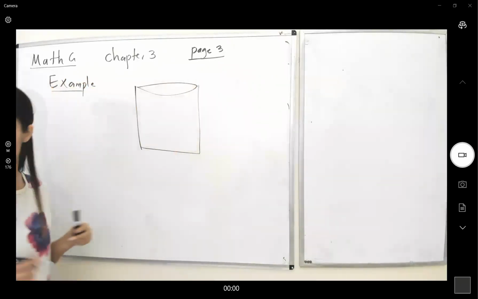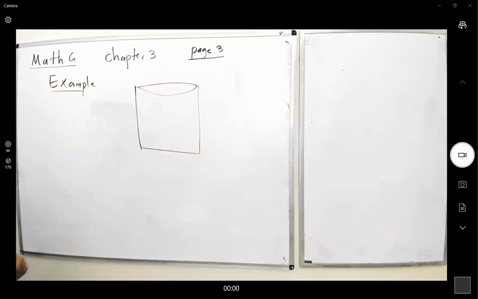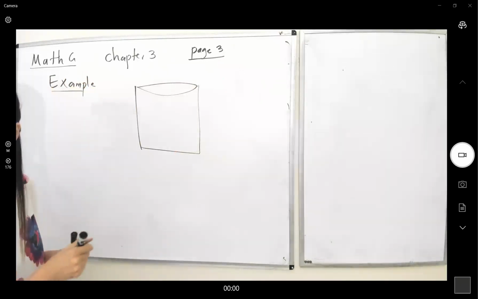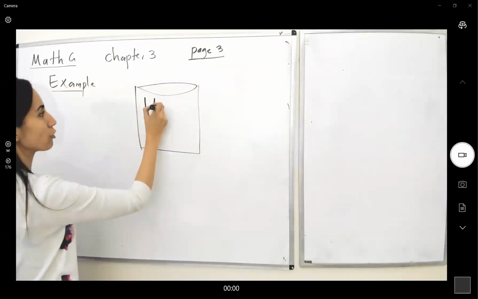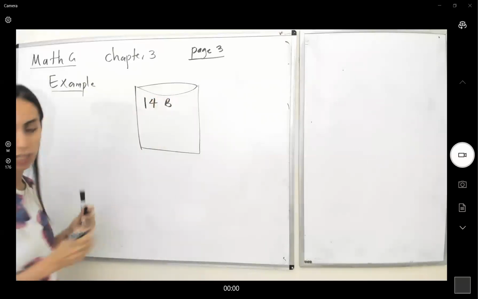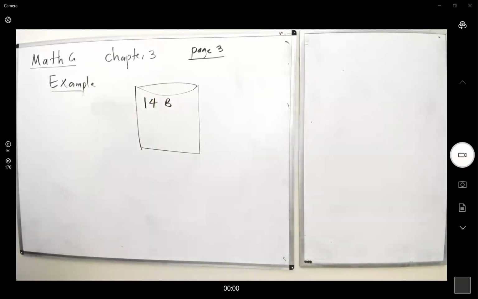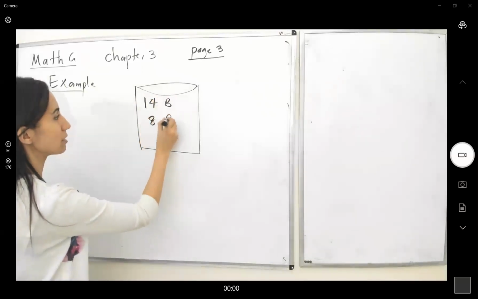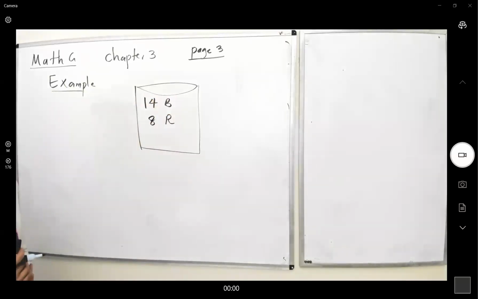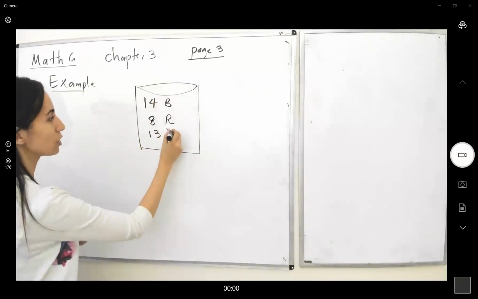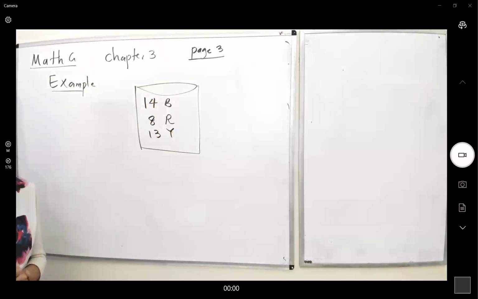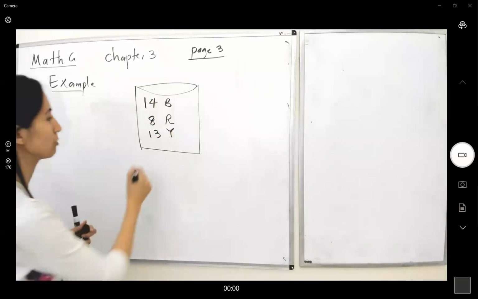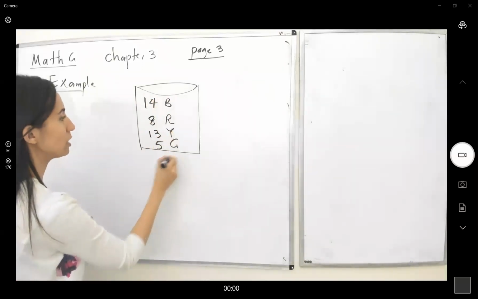In this jar, we're going to have 14 black jelly beans, 8 red jelly beans, 13 yellow jelly beans, and finally, 5 green jelly beans.